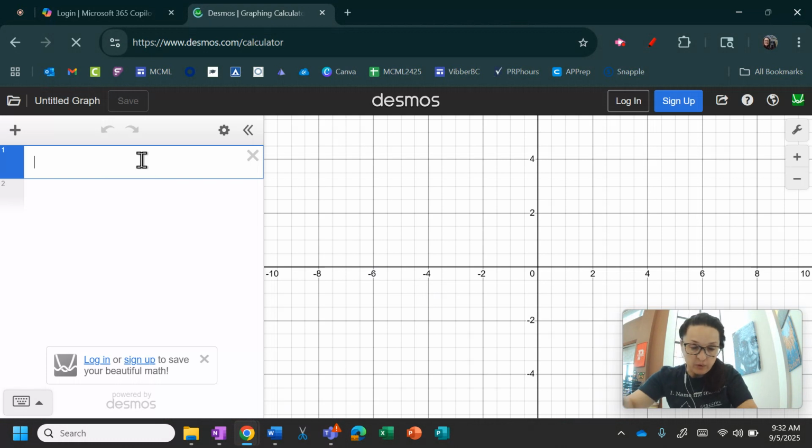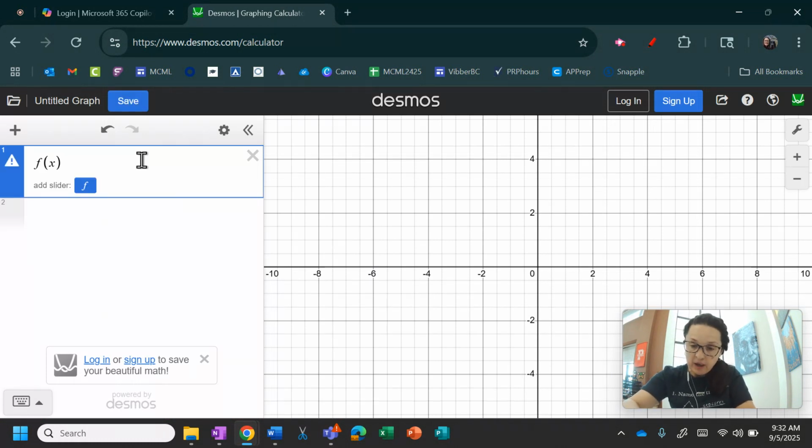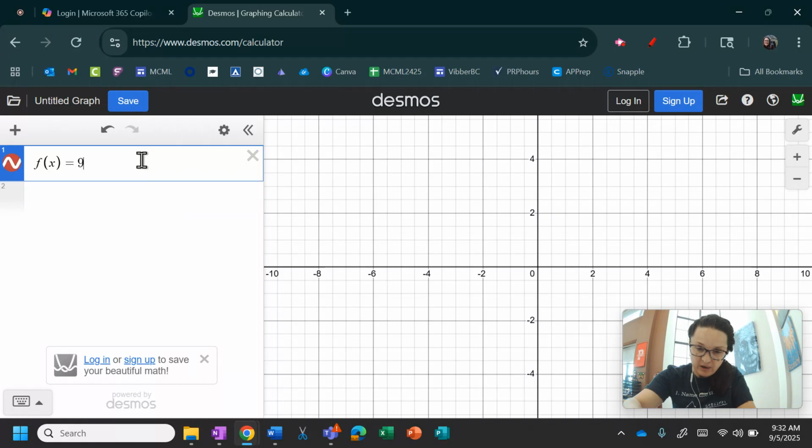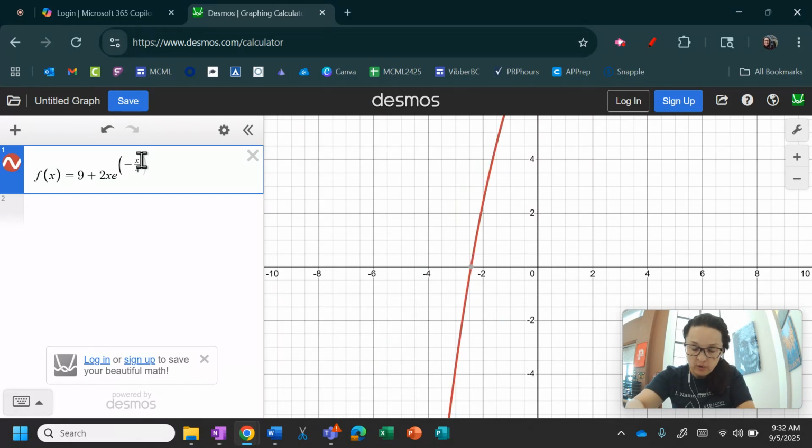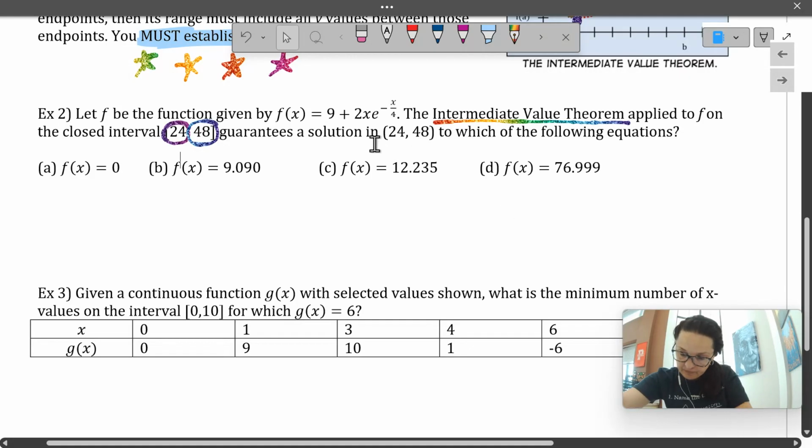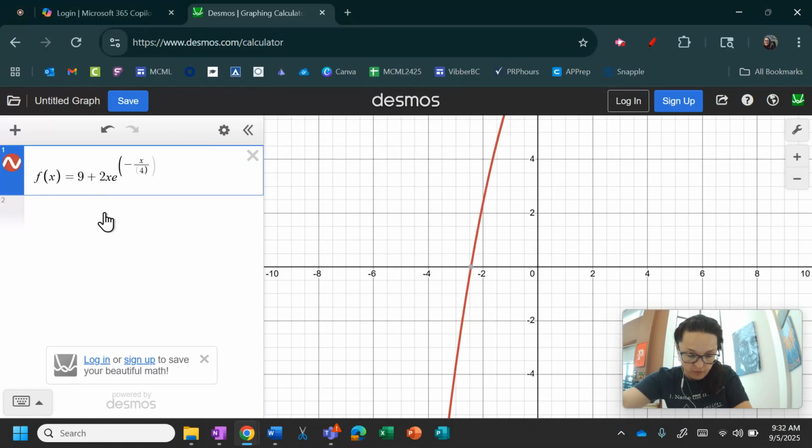Please, Internet, don't fail me now. And f of x is, what was it, like 9 plus 2x e to the negative x over 4, if I'm not mistaken. Let's check. And then I have the closed interval from 24 to 48.